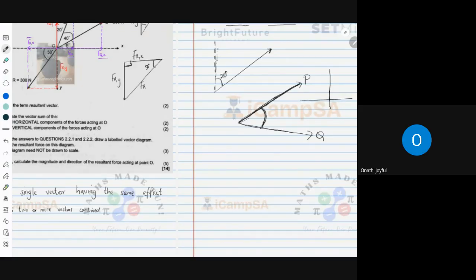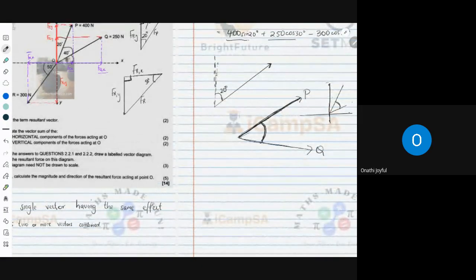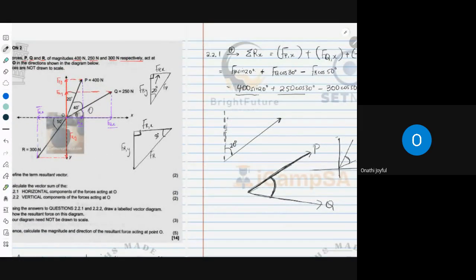So we can't really rely on it for taking out the components of either P or Q. It has to be measured from X or from Y. So if there's a line here, its angle must be measured from here, right? Or from there. Then we can use it to find the components of that vector. But if there's another vector like this, and I measure the angle here, that angle is very useless to me. It is only useful because it helped us to find theta in this case. If you remember, we just had to subtract it from 90 so that we could find theta.